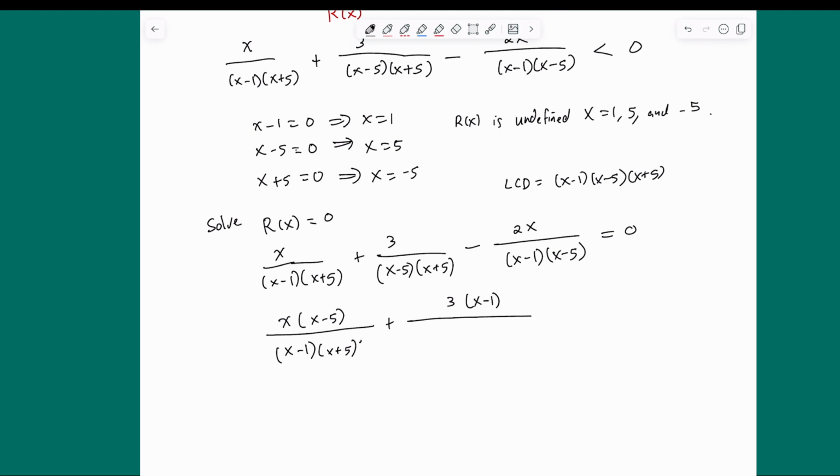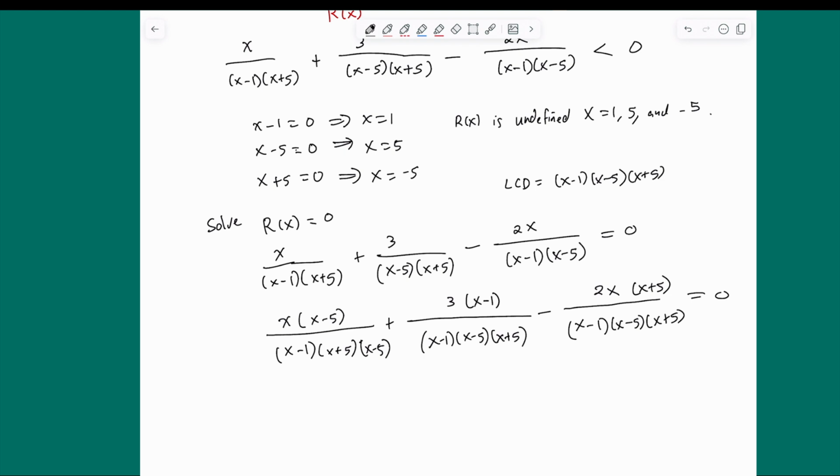Oops, I forgot to write this term here. So we have x minus 1 times x minus 5 times x plus 5. And the third fraction, we have x minus 1 and x minus 5, but we don't have the x plus 5, so we multiply top and bottom by x plus 5.